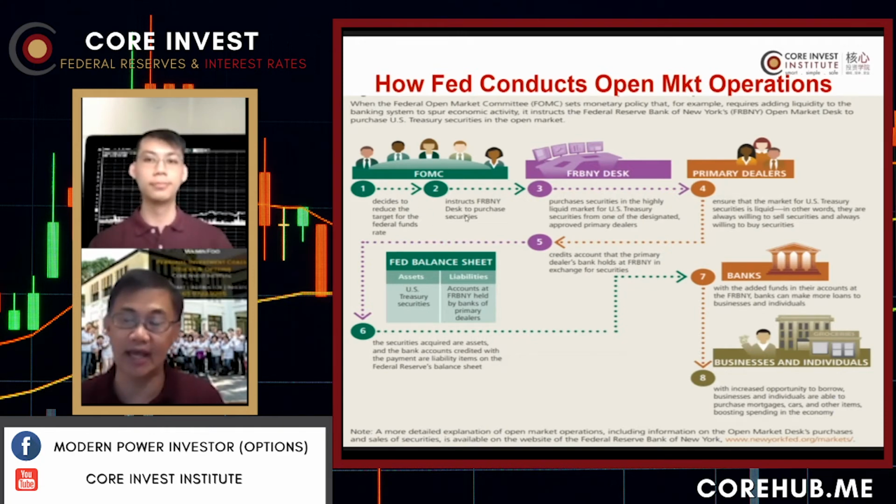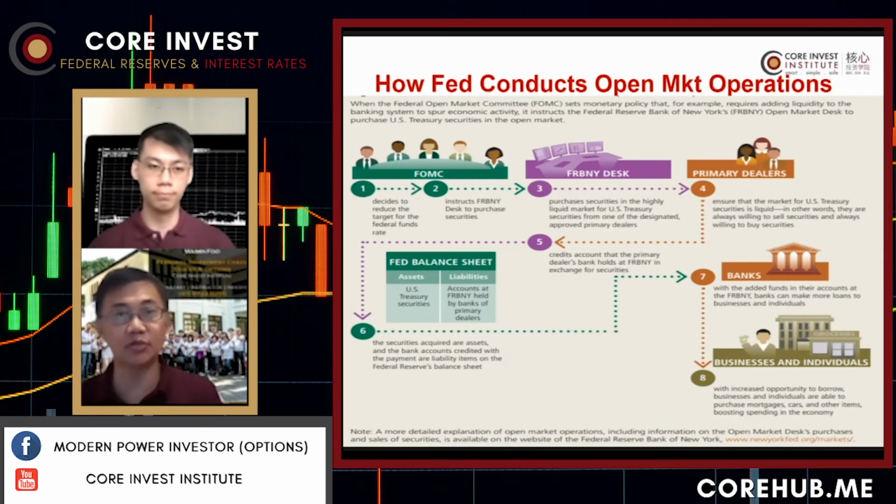And of course, one of the actions would be instructing the Federal Reserve Bank of New York to buy treasury securities. And treasury securities will come in the form of bonds, notes, or bills, and they will buy those securities from the open market, from the banks. They are the primary dealers over here.